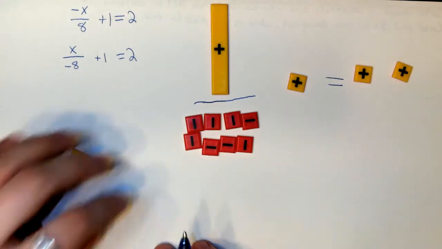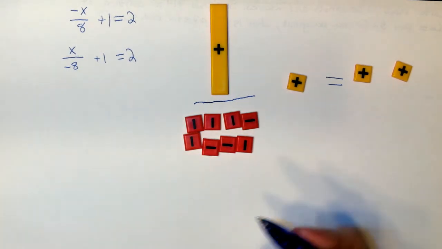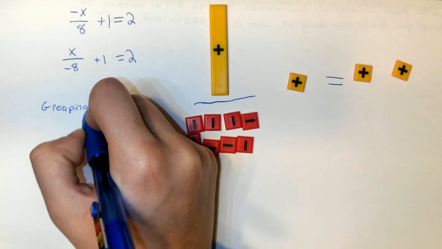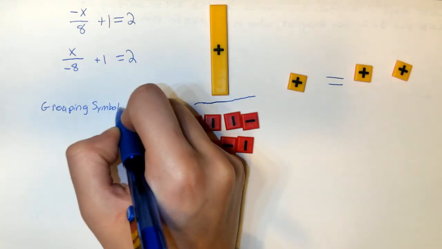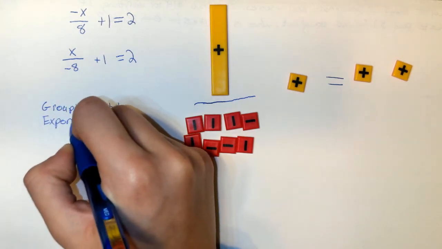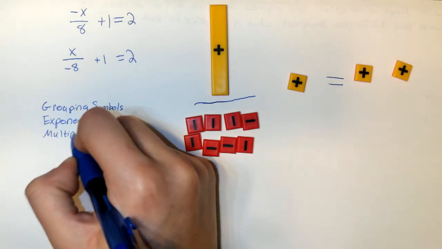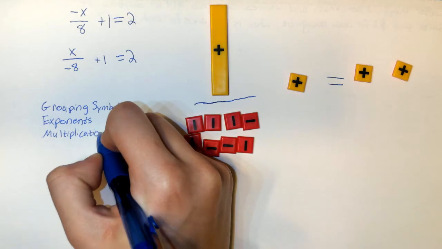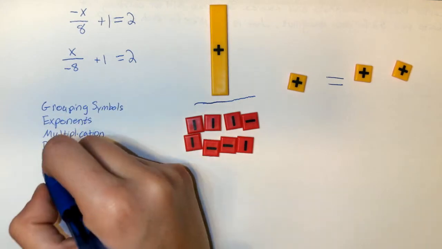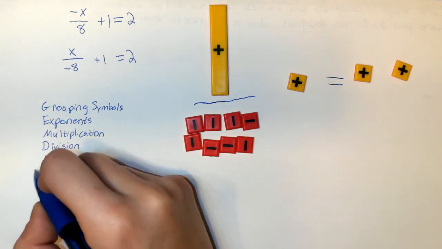So our first step when we're doing reverse GEMDAS, and remember GEMDAS is G for grouping symbols, exponents, multiplication, division, addition, and subtraction.